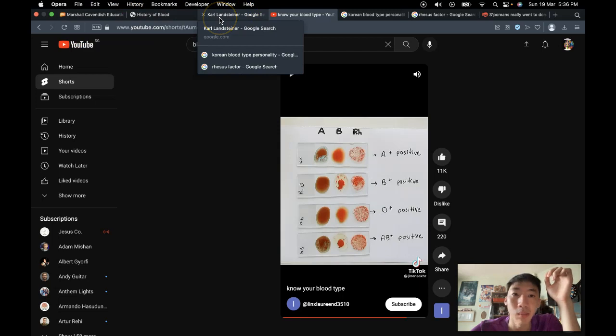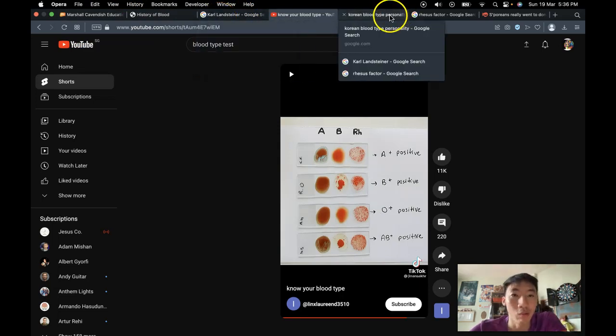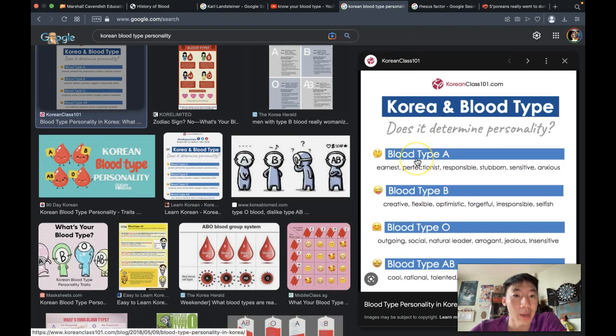Okay, so just a fun fact. Do you know that in some countries like Korea or Japan, they actually think that your blood type will affect your personality? So you have heard of some stories like, oh, I'm an A type person, I'm a B type person, etc. So do you think this is true? Do you think that if you are blood type A, you are earnest, perfectionist, responsible, stubborn, sensitive, and anxious?